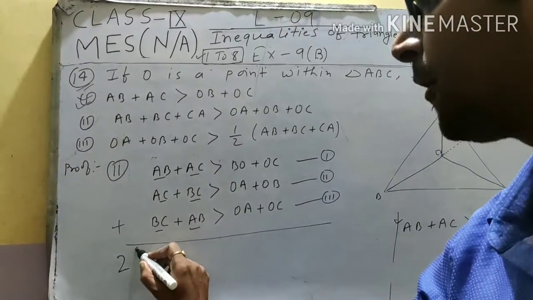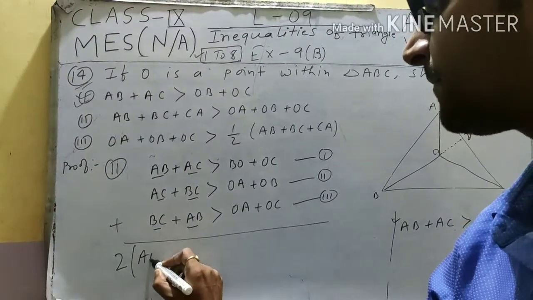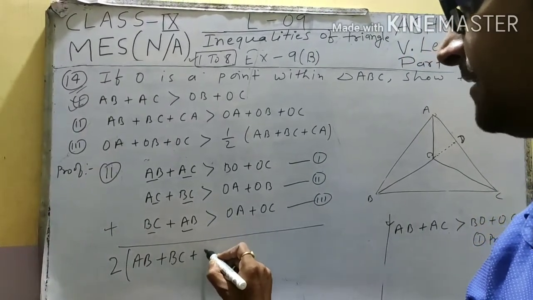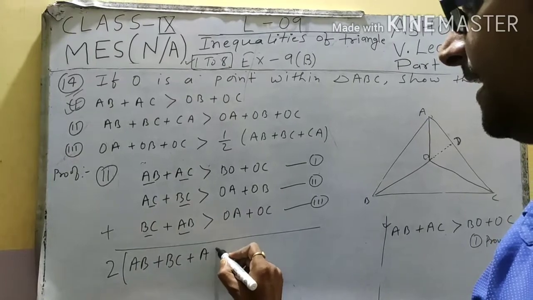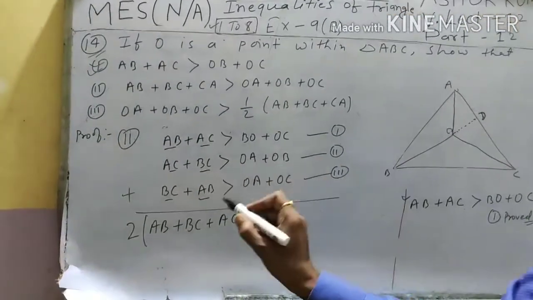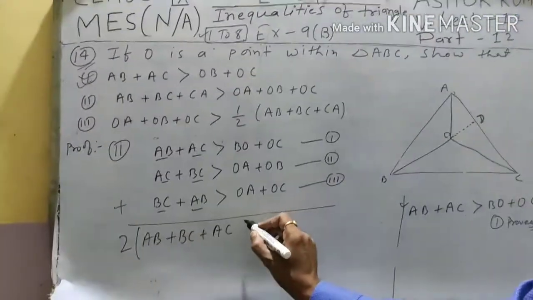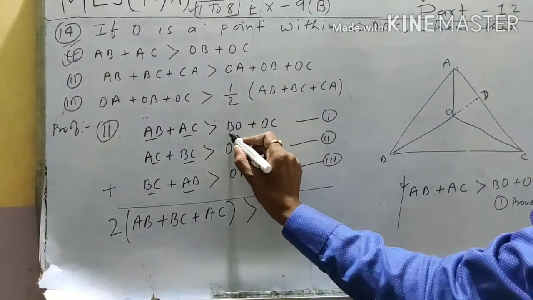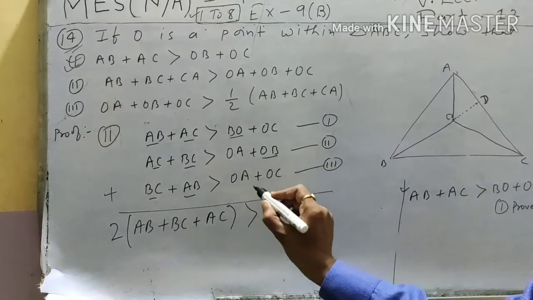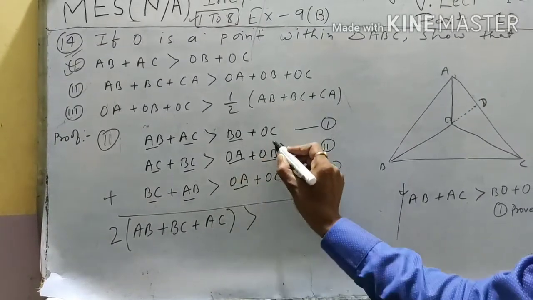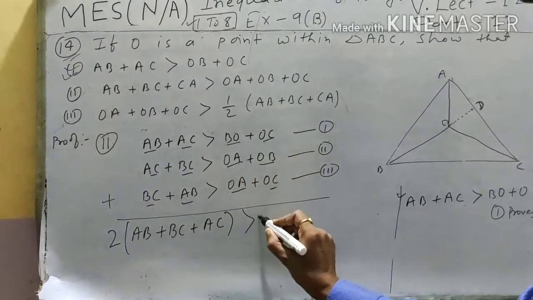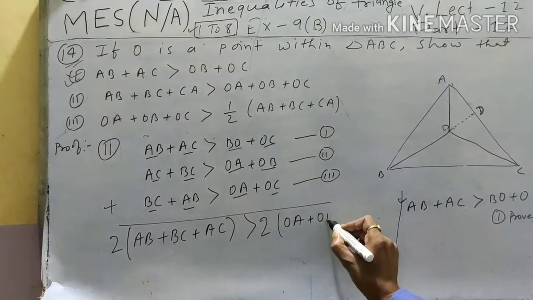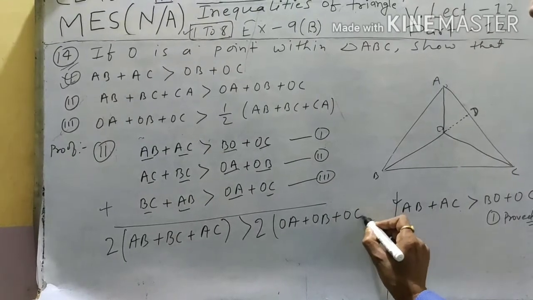That means 2 is common between all the terms. So write down 2 times AB plus BC plus AC is greater than, again same logic, OB 2 times, OA 2 times, and OC 2 times. Again 2 will be common, OA plus OB plus OC.